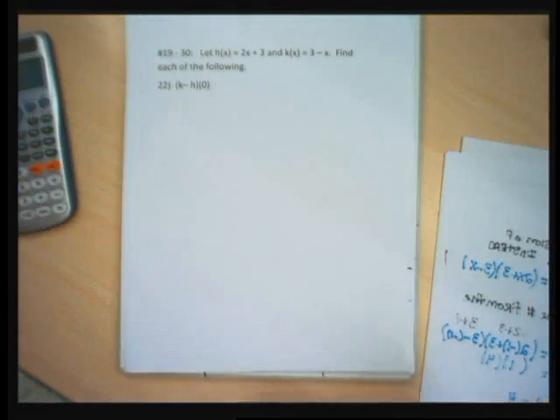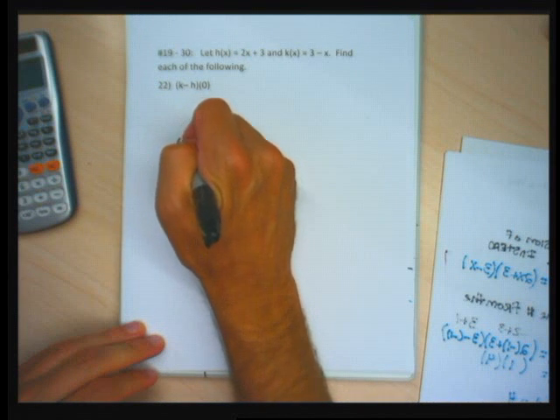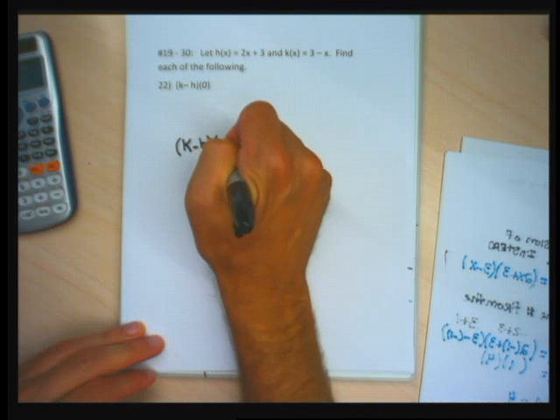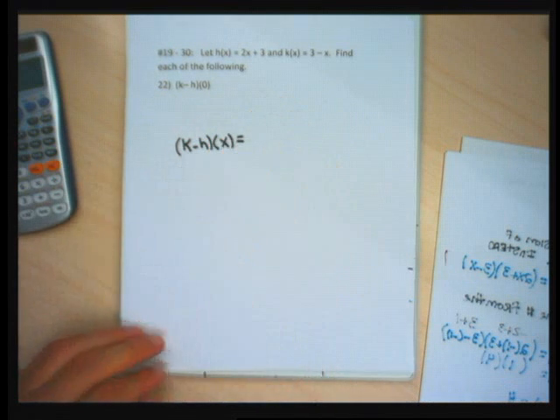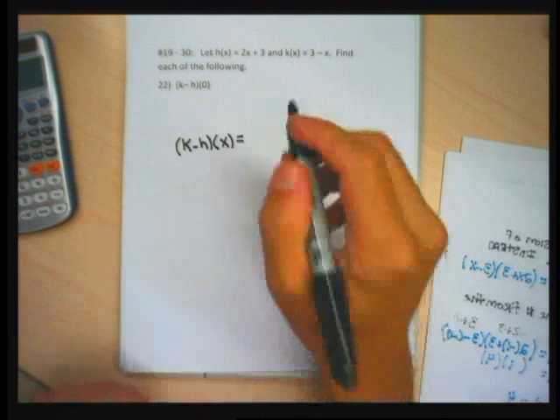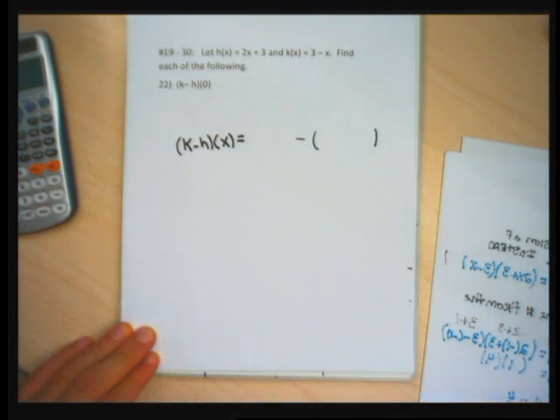22, k minus h of 0. First step, I'm going to pretend the problem had an x. Even though it doesn't have an x, for each of the problems between 19 and 30, I'm going to pretend the problem had an x, because that's going to tell me where to put the 0. You can definitely get to the answer without doing this, but I've had the best success with this. How do I do a minus? Well, with a minus, I need a parentheses after the minus sign.